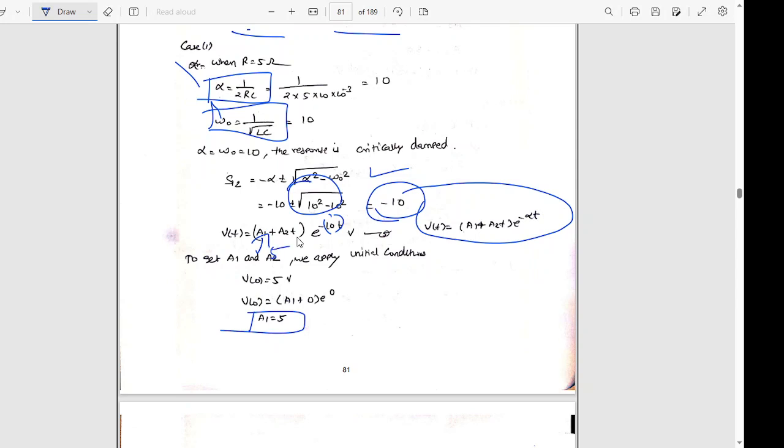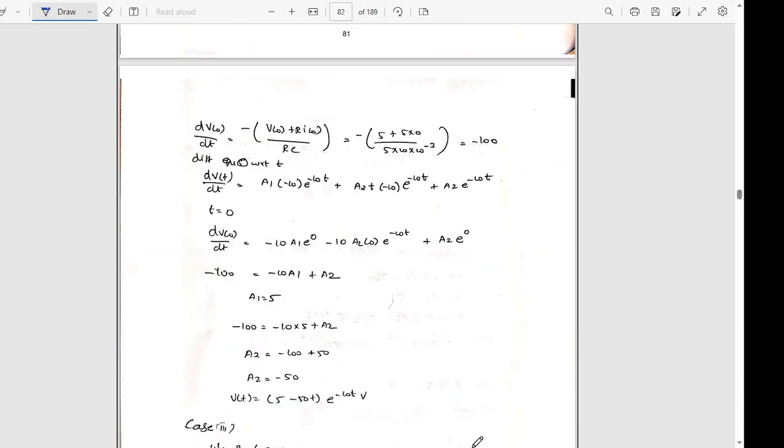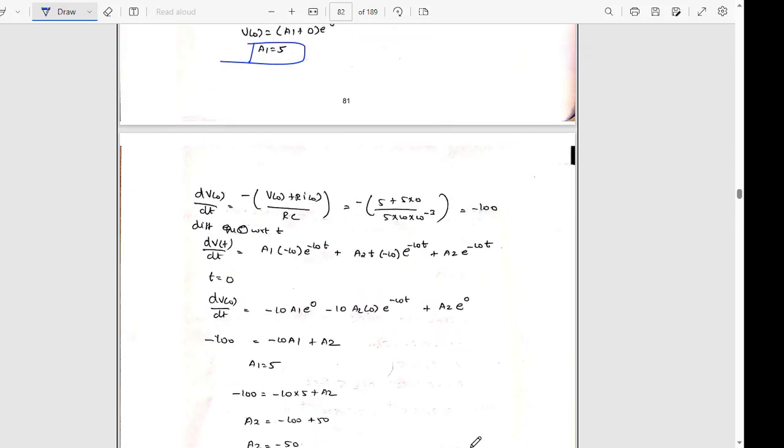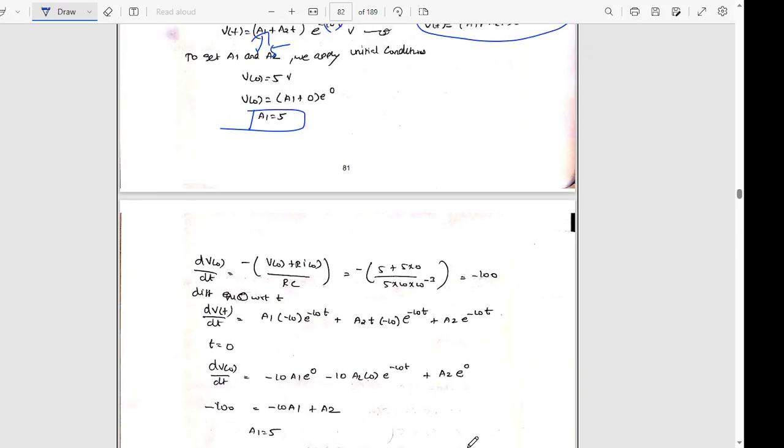Next I need to find out a2. For that I need to differentiate one time. So if I am differentiating it, what will I get? a1 e power minus 10t we have. So e power minus 10t will be differentiated as minus 10 e power minus 10t, plus a2 t e power minus 10t is there.